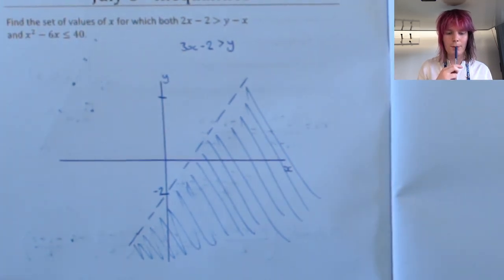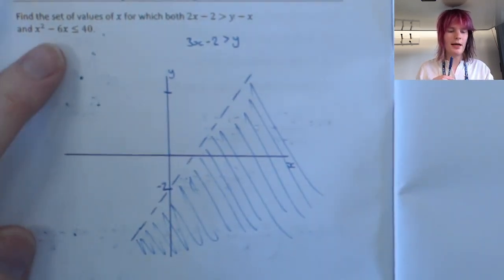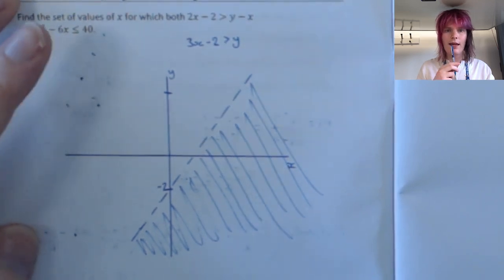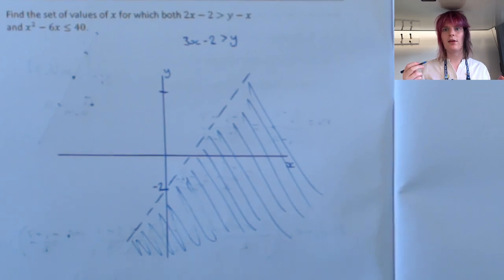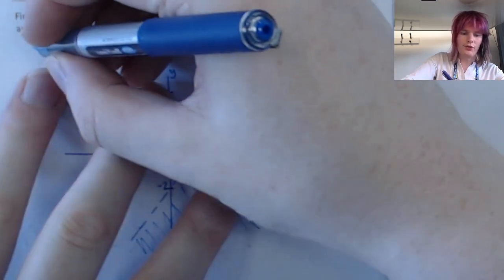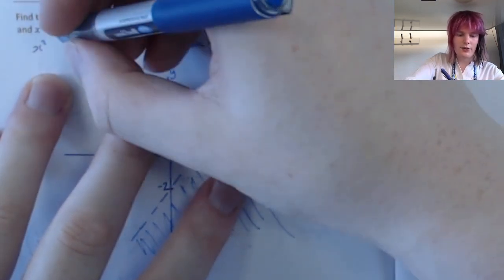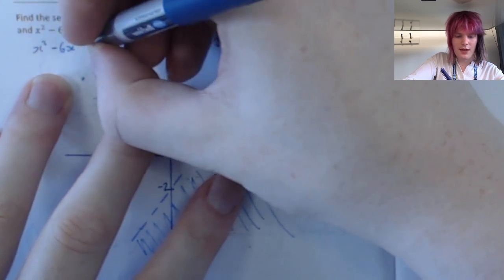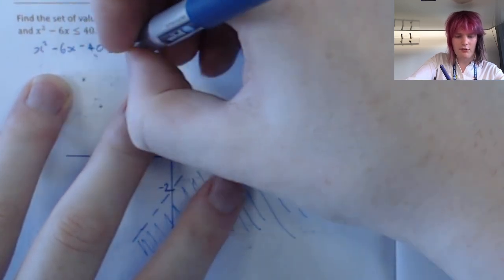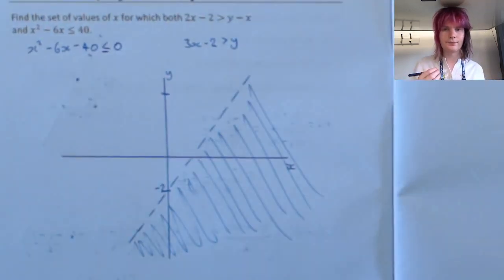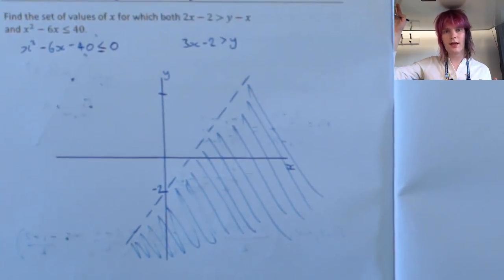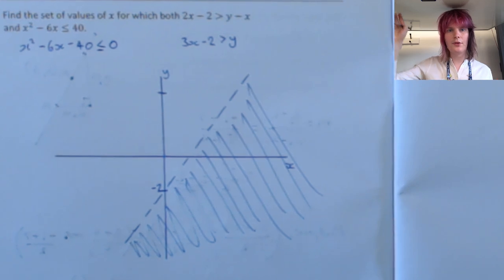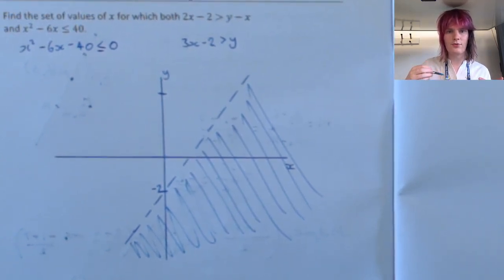What I'm looking for is x squared take 6x take 40 is less than or equal to 0. And that's what I'm looking at in this diagram. So we want to find the intersection of these two regions.